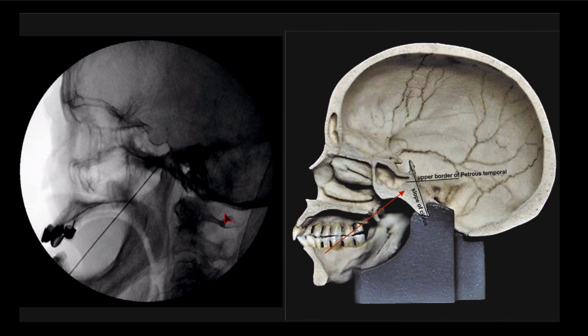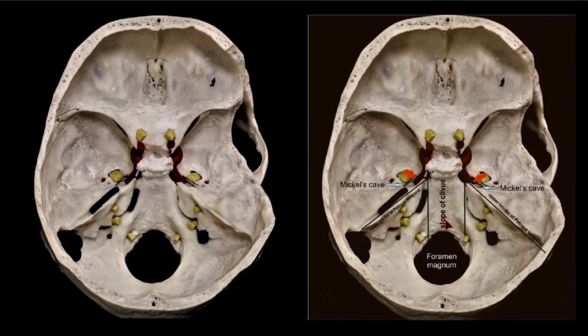So again here, this is the trajectory towards the petrous clivus junction to go through the foramen ovale into the middle cranial fossa. See the picture here, we can see the trigeminal nerve coming towards the Meckel's cave, see here, petrous clivus junction, clivus petrous junction, that is the Meckel's cave.